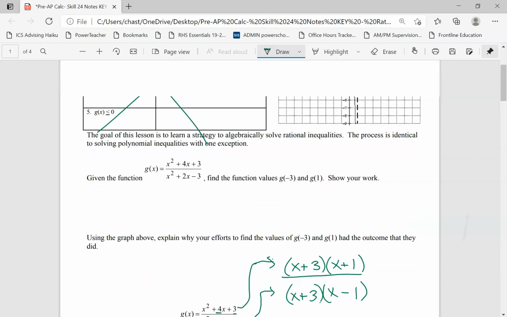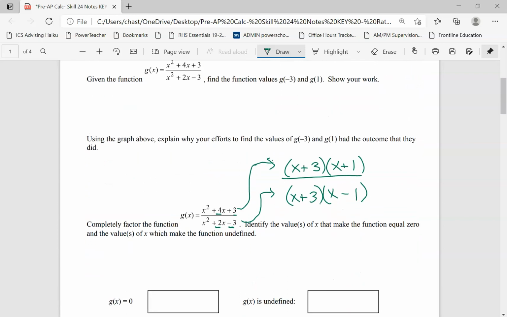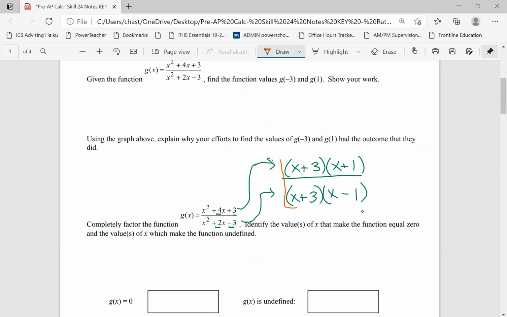Now, going back to this graph, remember I said there was a hole in the graph at x equals -3 and a vertical asymptote at x equals 1. How does that get reflected in what we just did? If you notice here, these x plus 3's would end up canceling out. From Algebra 2, you may remember that when that happens, your graph has a hole in it. The way we would look at that is, what is the 0 of that factor?